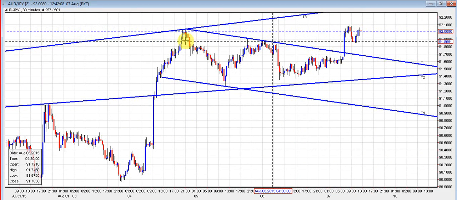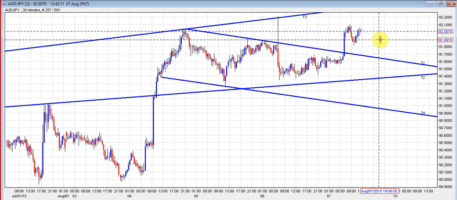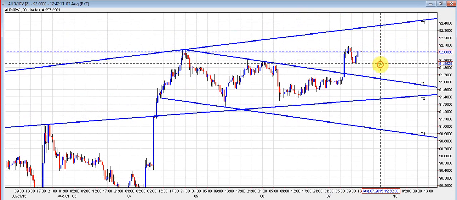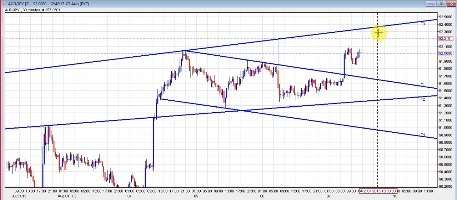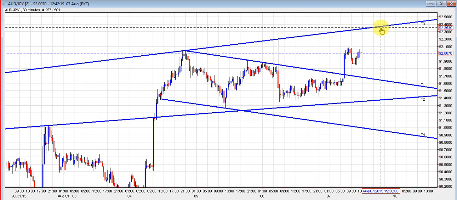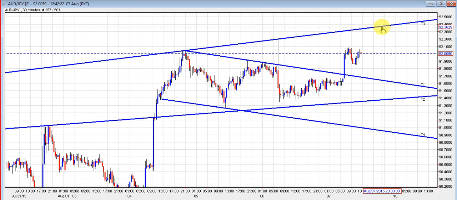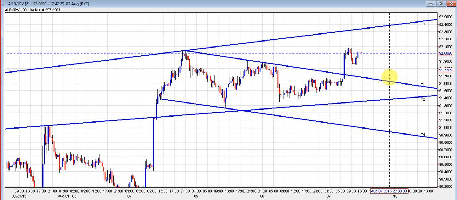Knowing that this pair is slow, maybe the most it will do today by the time NFP comes in is hit around 92.35, 92.40. My guess is that because it'll be a USD news impact, it is most likely going to come down, retracing from here.